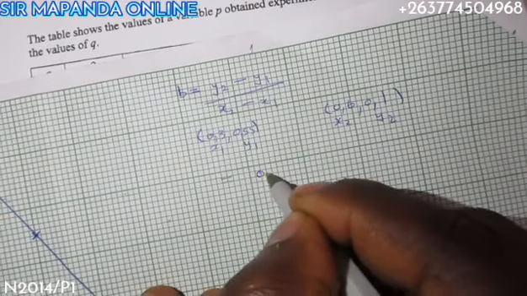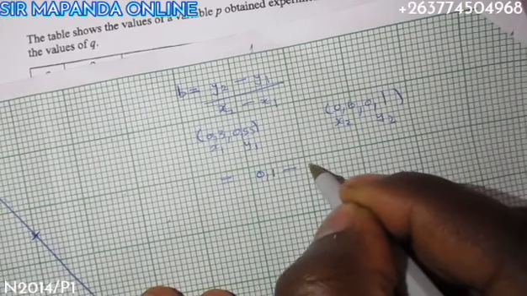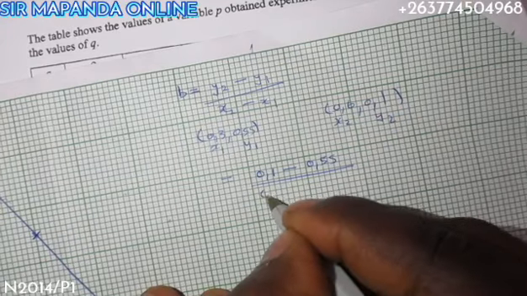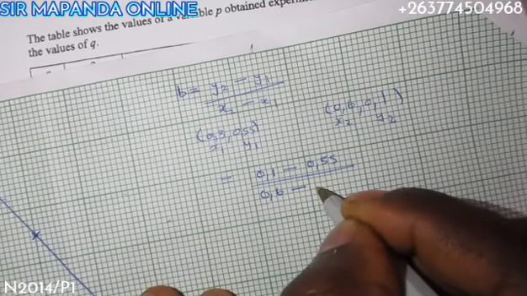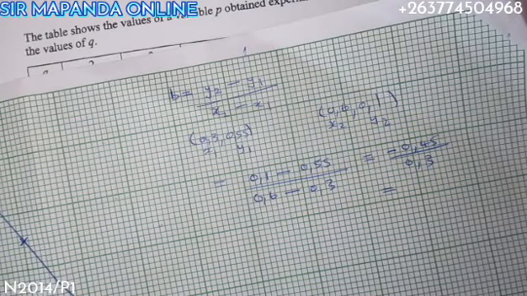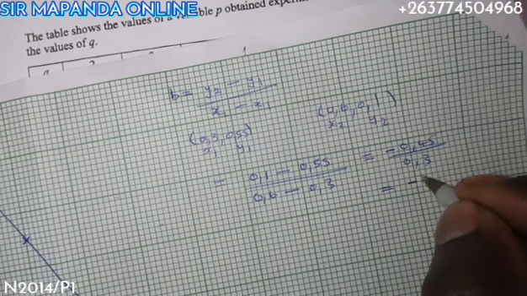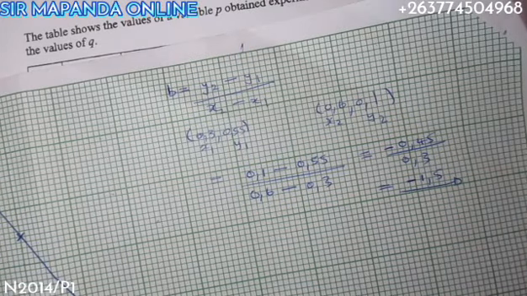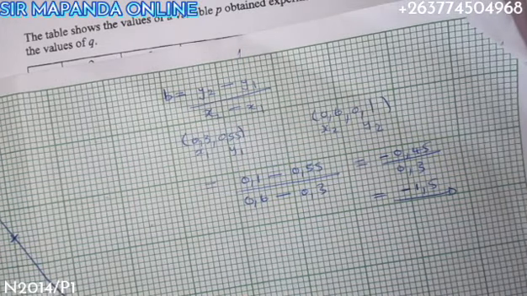You get 0.1 minus 0.55 over 0.6 minus 0.3. Divide by 0.3. You get negative 1.5. This is your gradient, which is the value representing B, right?